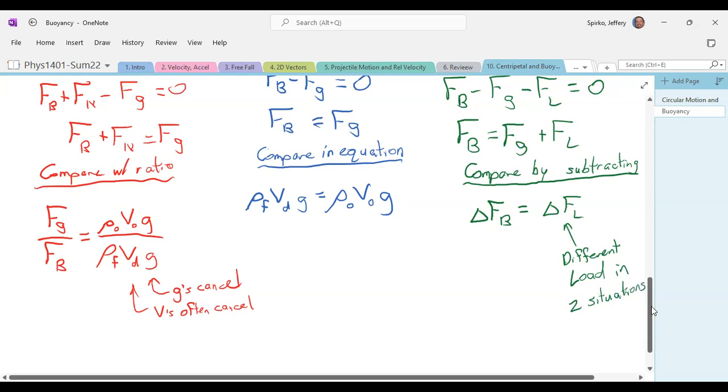So we're going to have a different load. Maybe the load is 0 in one situation and a bunch of cars in a second situation.